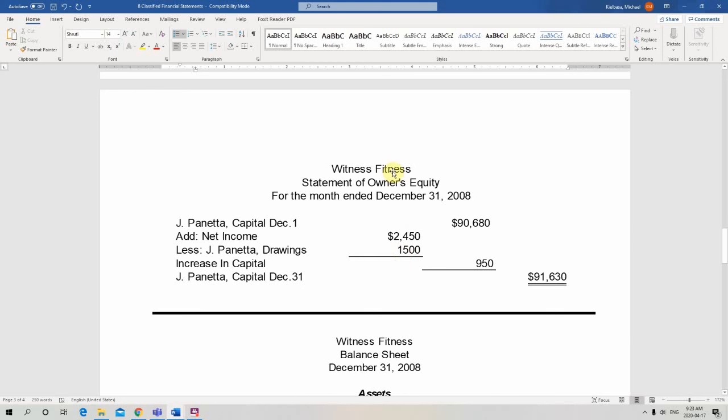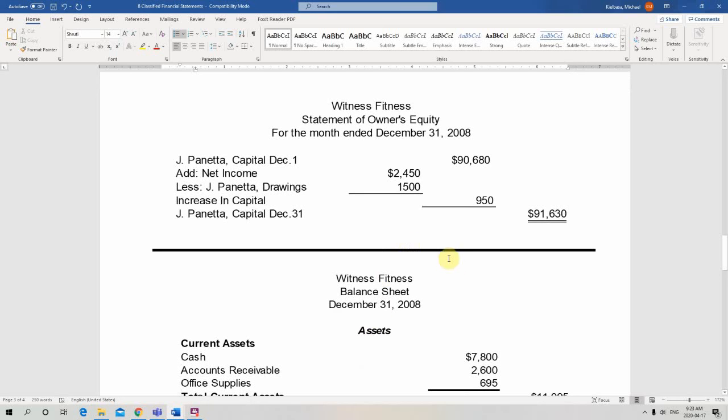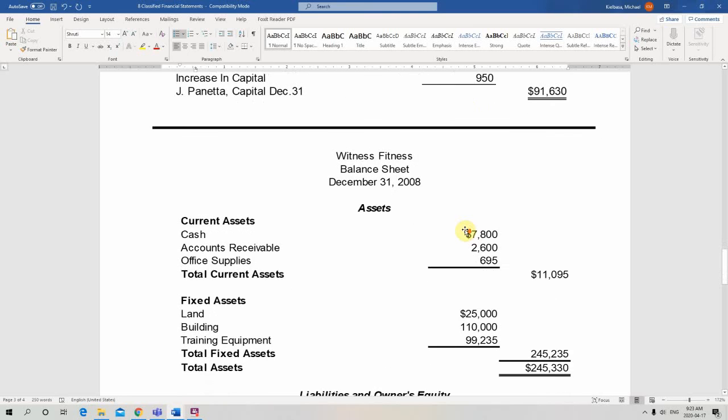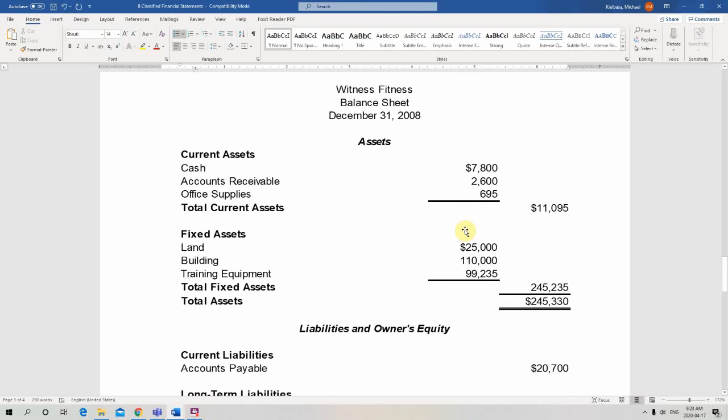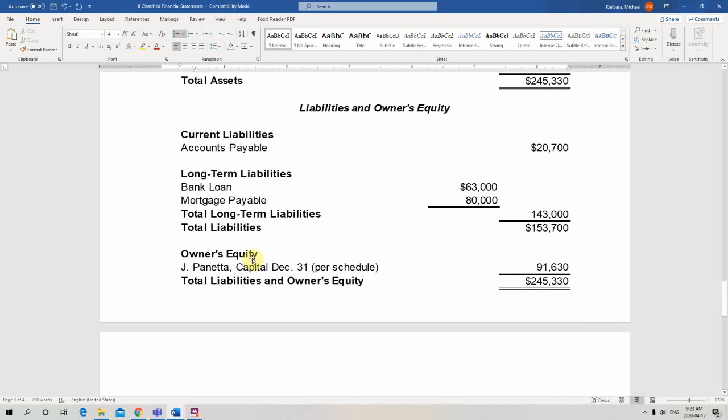Now, if you complete a statement of owner's equity, okay, when you make your owner's equity section on a balance sheet, it's only going to be one line long. So you'll notice that I've completed a statement of owner's equity for this particular company, and the ending capital is $91,630. So when I go down to the balance sheet for this company, the owner's equity section is only one line long, $91,630 per schedule.